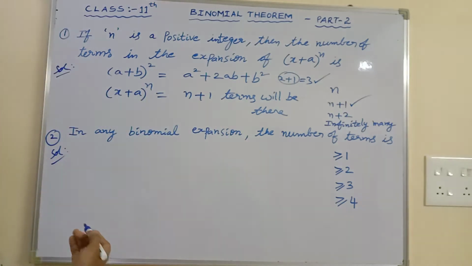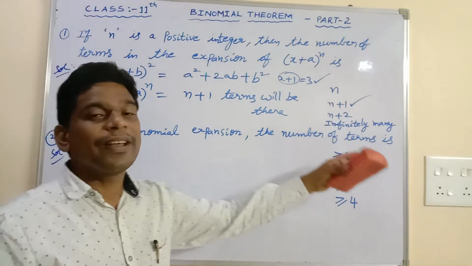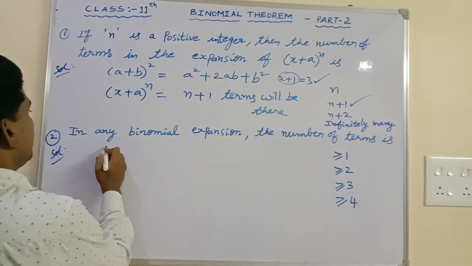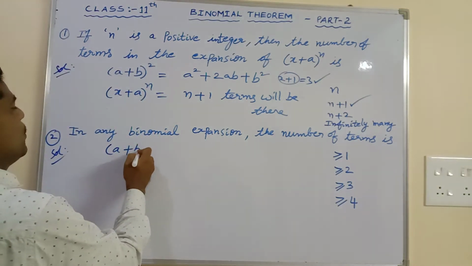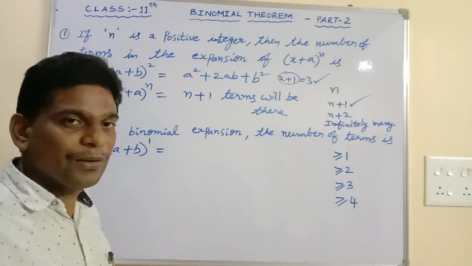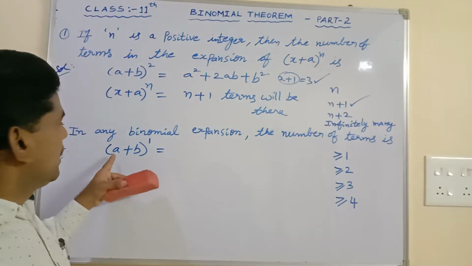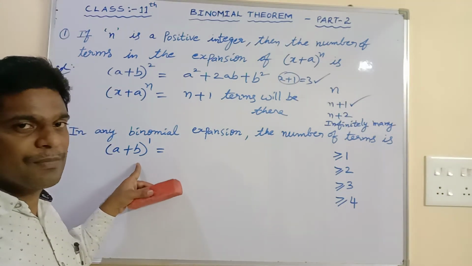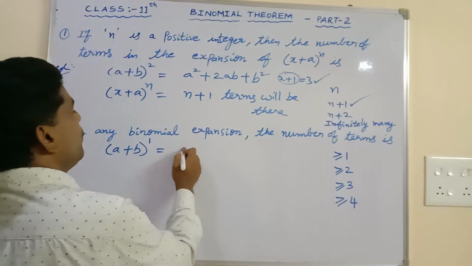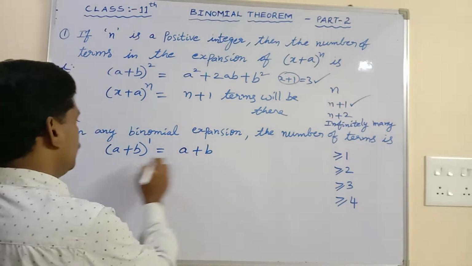Now second question. In any binomial expansion, the number of terms is, for example, a plus b whole power 1. An algebraic expression containing 2 terms is called binomial. You know that. So, in the expansion of a plus b whole power 1, how many terms will be there? There are 2 terms, 1 and 2.